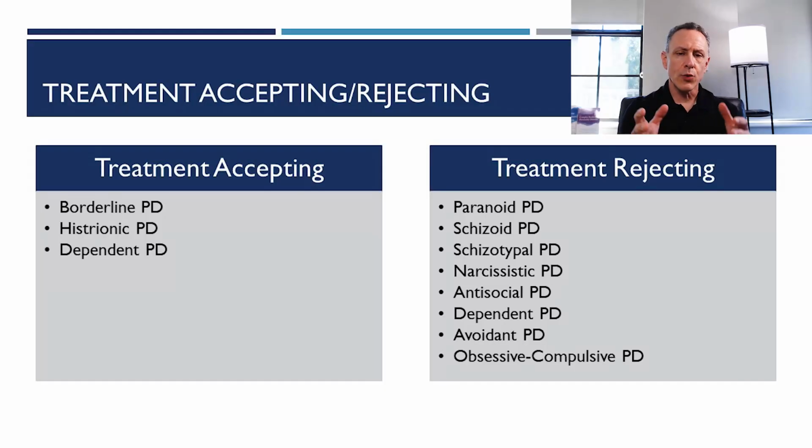The way I like to conceptualize personality disorders is to look at them in two categories. We have some that are treatment accepting and some that are treatment rejecting. When we say treatment accepting or rejecting, we're talking about the willingness to go into treatment and explore their issues, the problems they're having, and how they're affecting others.